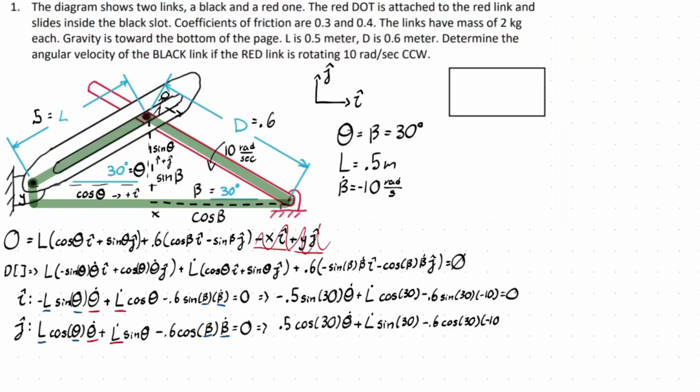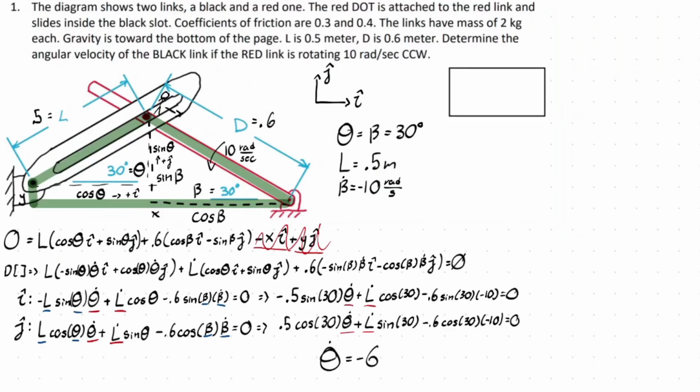And that all equals 0. So again, I have these two equations for these two variables. I can solve this using whatever method you use, whether it's Mathematica, MATLAB, doing it by hand, or a calculator. When you do this algebra, you get that theta dot is -6.